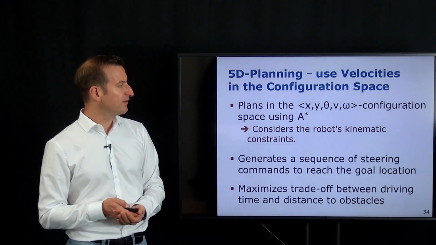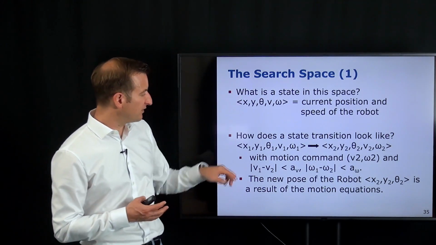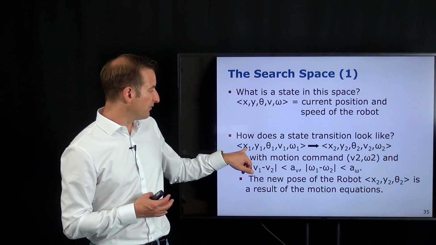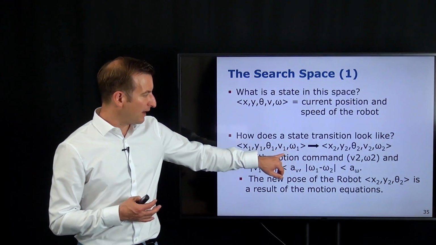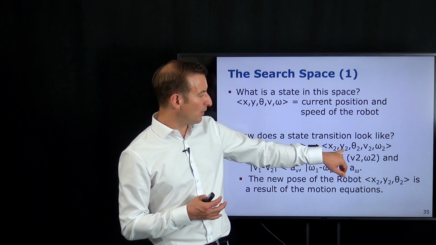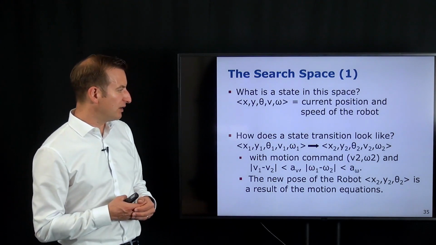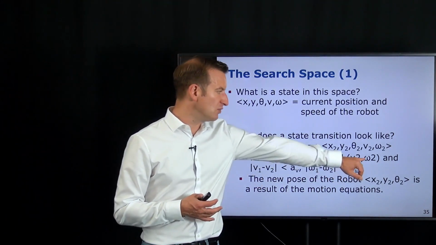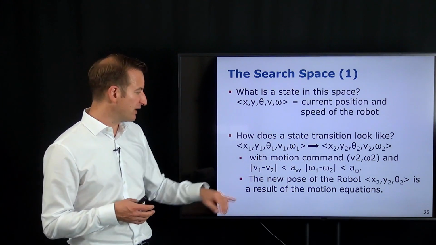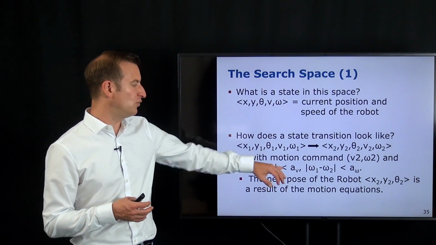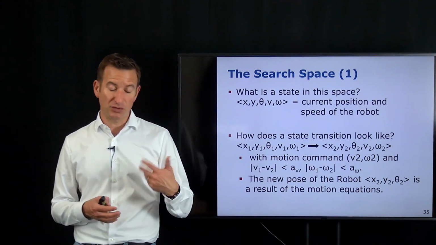So what does my search space actually look like? My search space is this 5-dimensional space. That means from state x1, y1, theta 1, v1, omega 1, I can go to x2, y2, theta 2, v2, omega 2 by executing a motion command, v2, omega 2. And I may need to take into account an acceleration constraint, so that the difference between v1 and v2 must be smaller than the maximum acceleration, and the same for the rotation velocity.